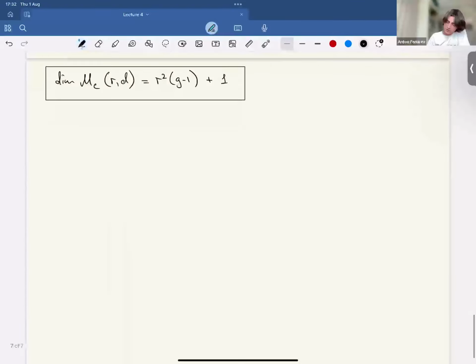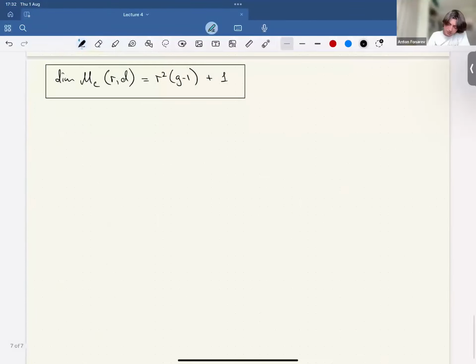Maybe let me say a few words about surfaces now. So second, surfaces. On surfaces, we can try and compute, well, we want to have some sort of a similar formula.